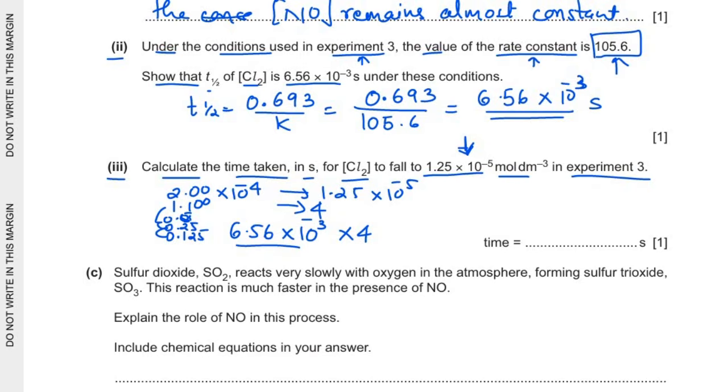So the T half has to be multiplied by 4, and so we get the answer as 2.62 × 10^-2 seconds. Multiply the T half by 4 times. Why? Because the concentration has decreased 4 times to its half, right? So you can write 2.62 × 10^-2 seconds when we multiply the T half by 4 times.